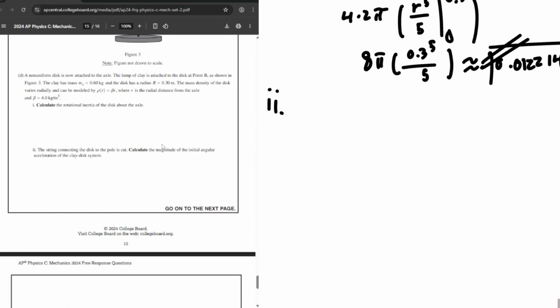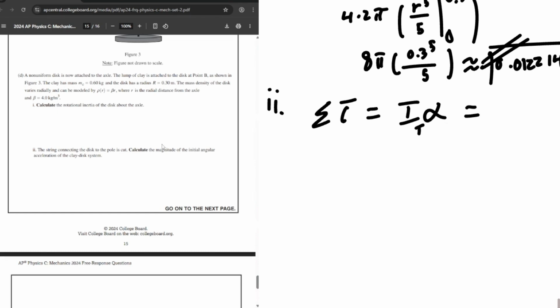Now, the string connecting the disk to the pole is cut. Calculate the magnitude of the initial angular acceleration of the clay disk system. What you should be thinking here: angular acceleration, torque. What causes the angular acceleration? Torque. We're going to use Newton's second law in rotational form: the sum of torques is equal to the total rotational inertia of the system times the angular acceleration.